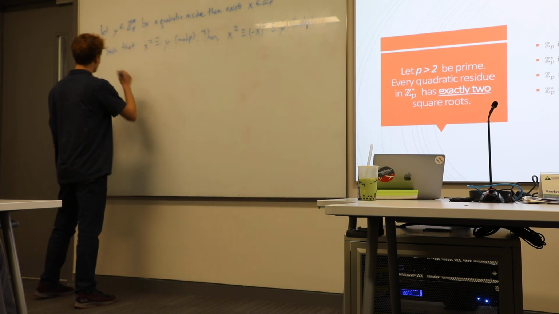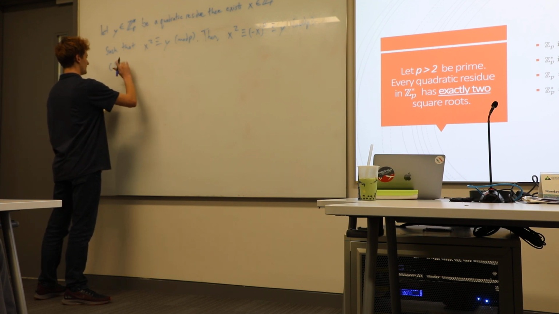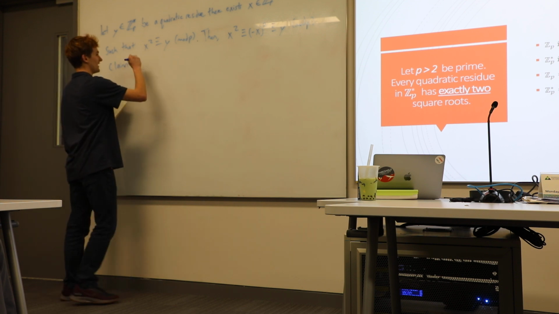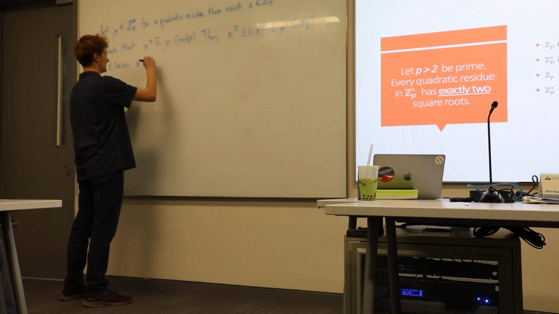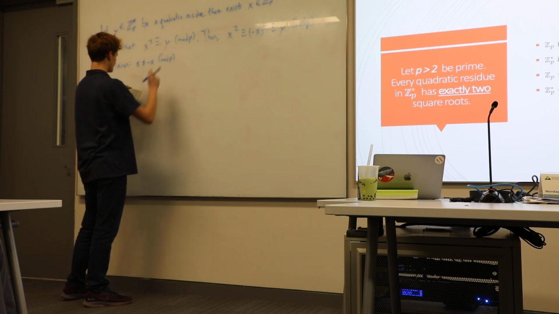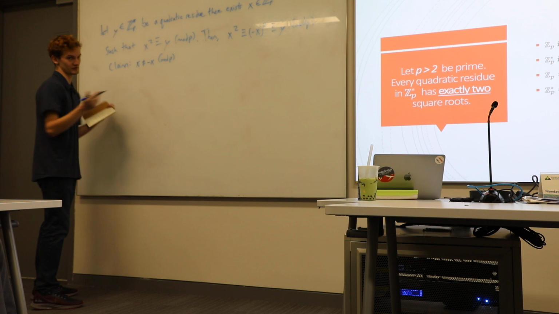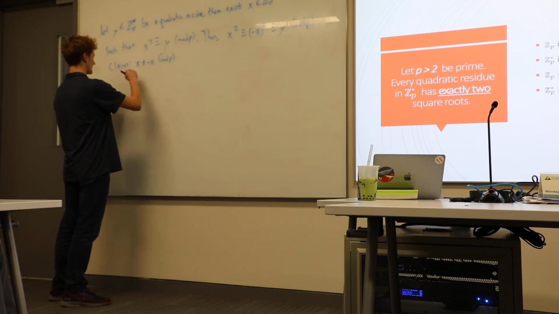So we're going to claim that x is not equal to negative x mod p. In order to prove that, we suppose that it is, that they are actually the same number.